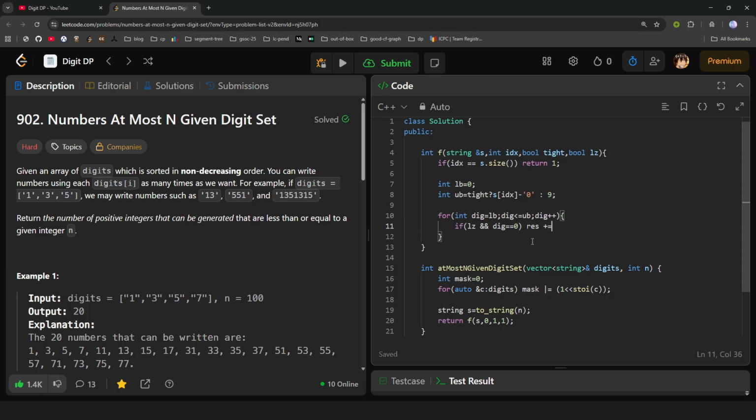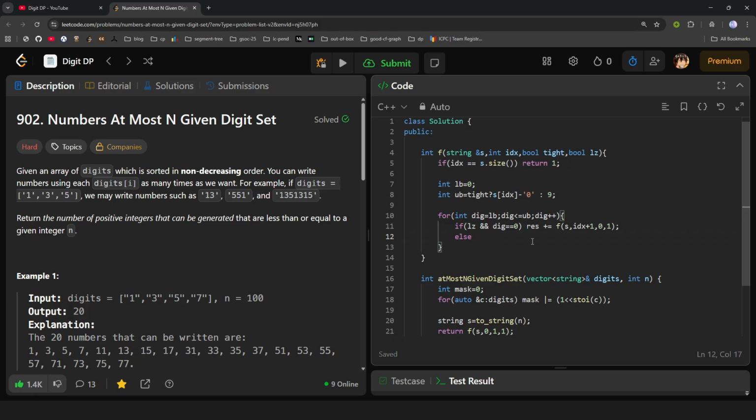So we will call this function again, and this time the s will remain s, and the index will get increased by 1. The type value will depend like this. But since we have selected 0 here, the given value will definitely be less than n. So for the next block the condition of type will be false, so you can simply write 0 here, and the leading 0 condition will be true again.